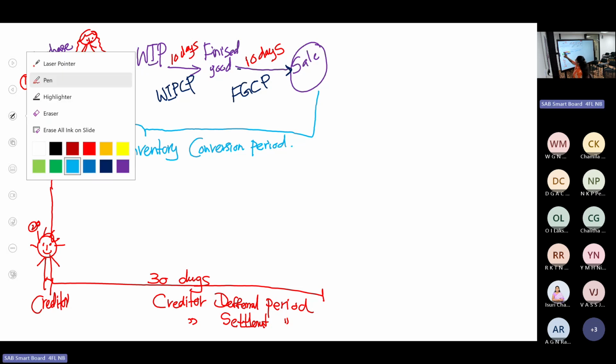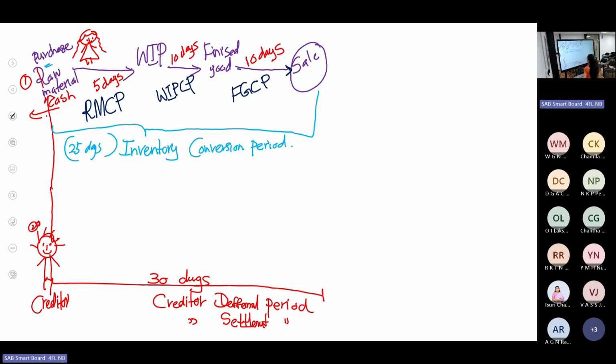Then we'll write the technical formula for this one. Inventory conversion period, I will name it as ICP, equals... What is the technical formula? You tell me, I will write it there.